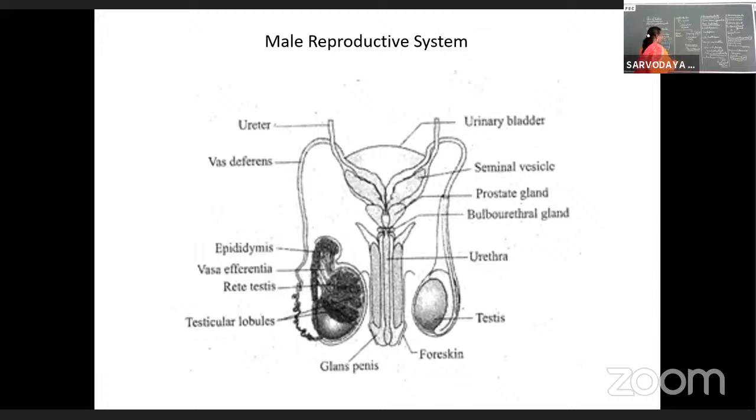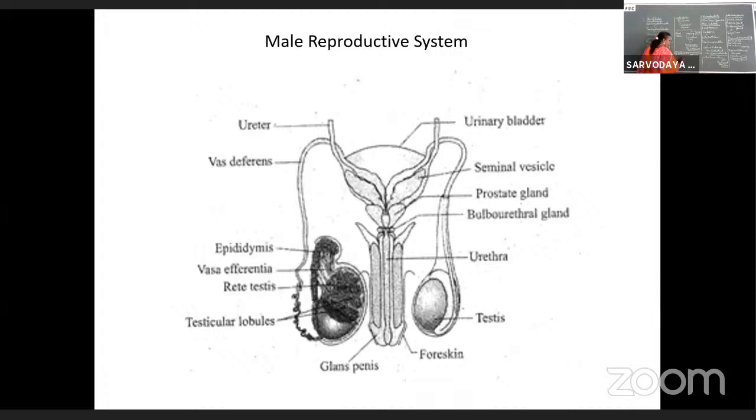Okay. Now coming to the last part. What is the last part? The fourth part is the external genitalia. We all know that the external genitalia includes the penis.